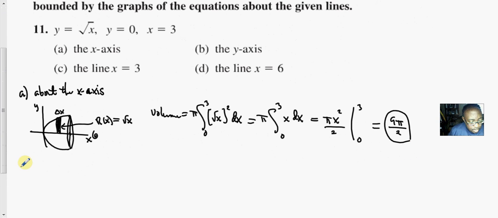Part B, find the volume about the y-axis.